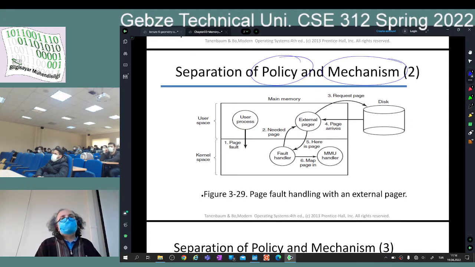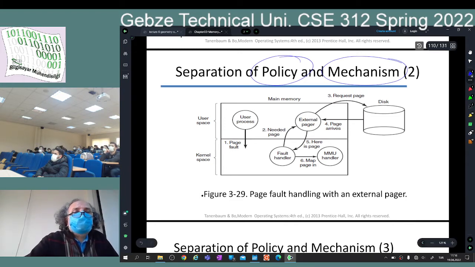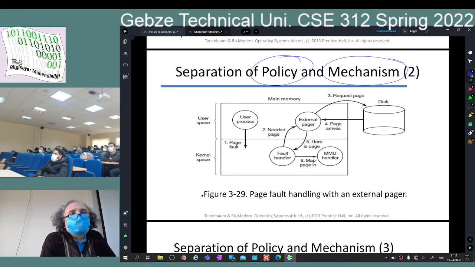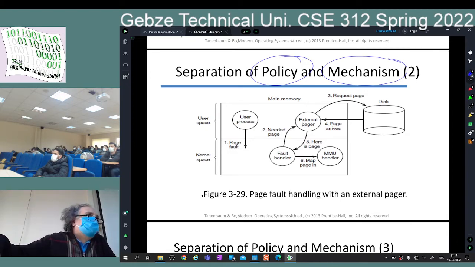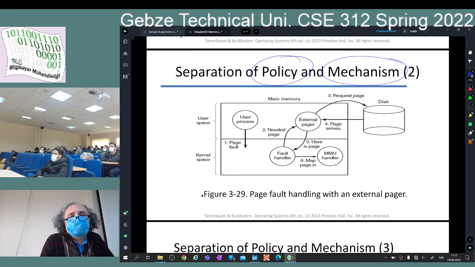The other nice thing about this one is that it is not kernel dependent. I can take this external pager, okay, and I can move it to some other operating system. Take the external pager of the Windows operating system, put it on top of the Linux operating system, and with some small modifications, it will start running.